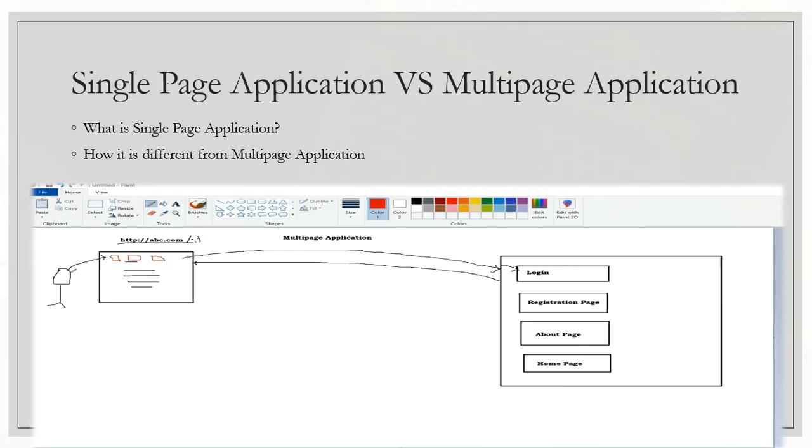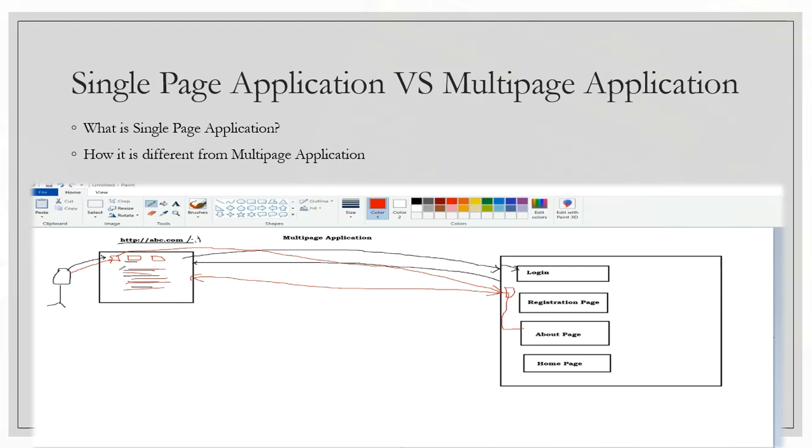Whenever the user clicks on any of them, let's suppose about us, in the multi-page application the browser again sends a request to the server. The application processes that request and checks the required page. Now our request is for the about page, so the about page will be compiled and sent back to the browser in the response. Now we have received the about us page and it will be loaded on the browser.